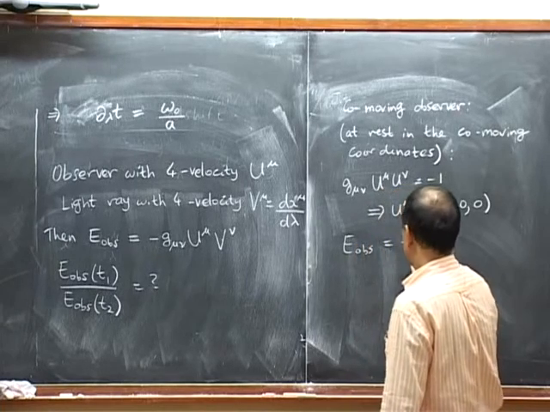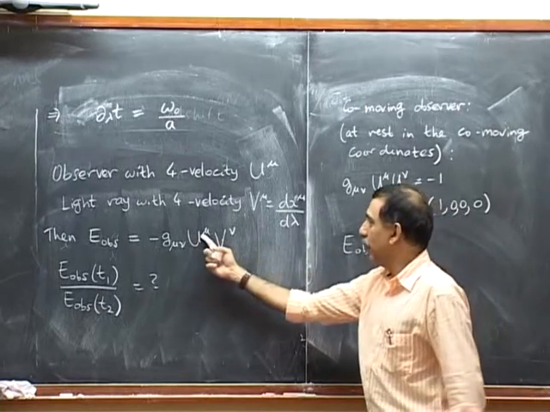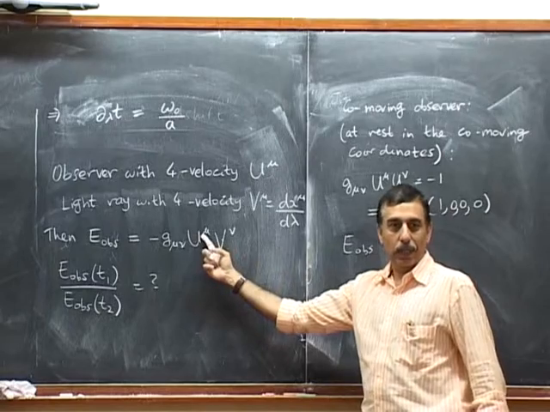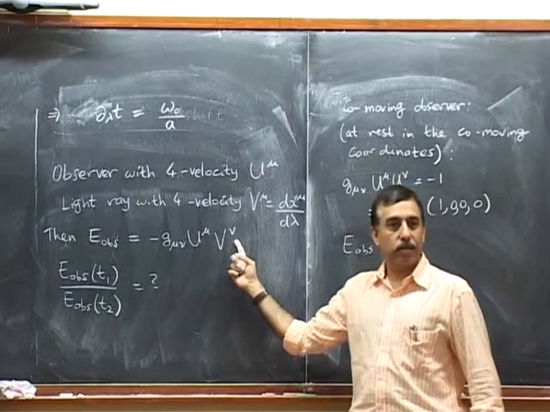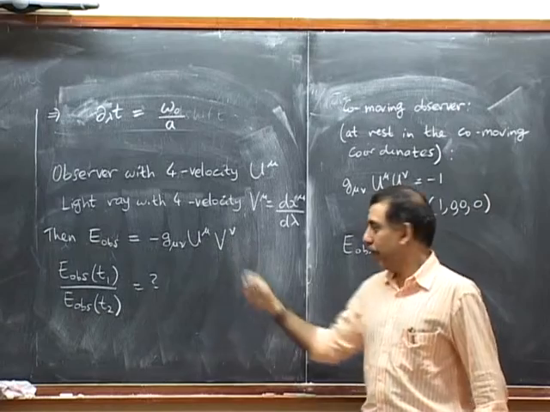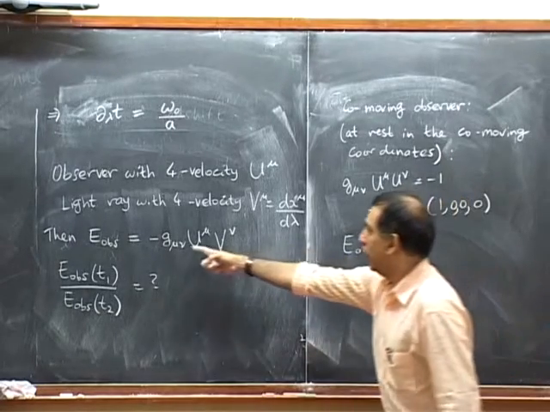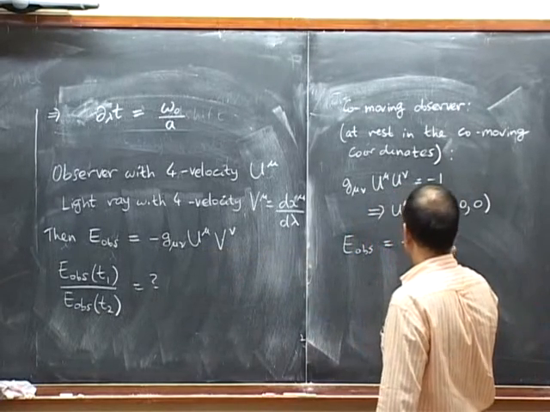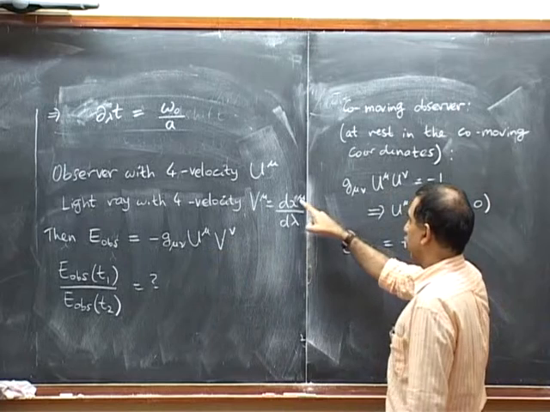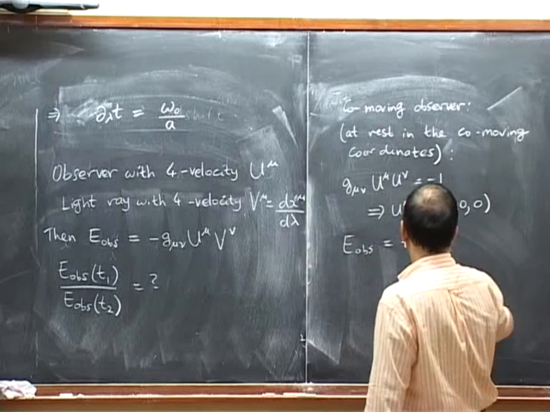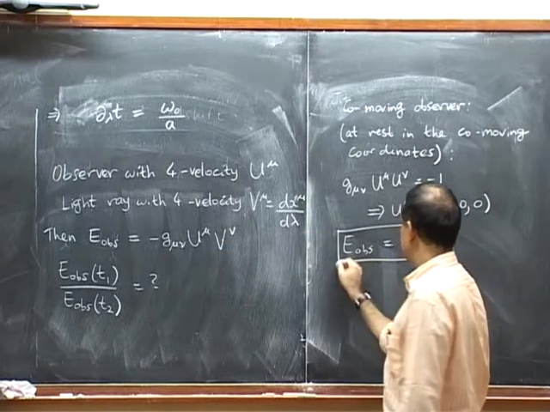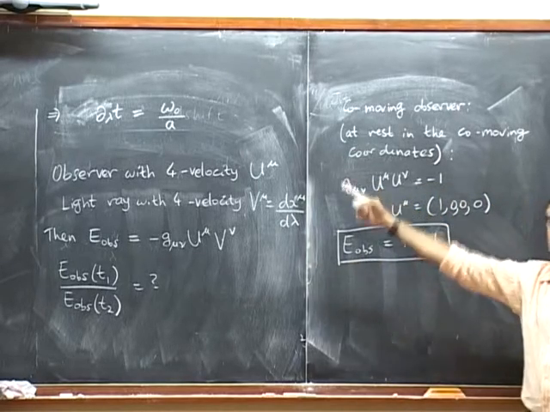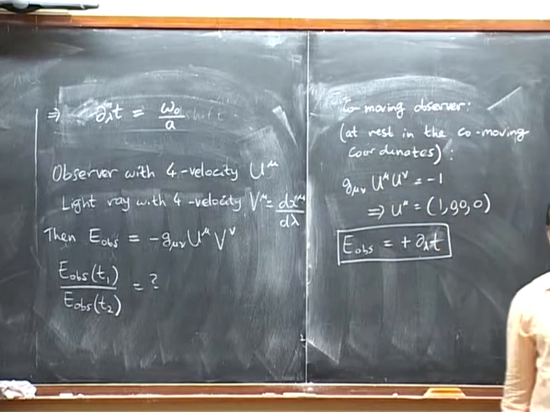This is minus, the only component here, mu, is 0 because of this, but G is diagonal, so only this also is 0. G00 is minus 1, so it's plus dx naught by d lambda, in other words d lambda t. So the observed energy is d lambda t, which we've already calculated.